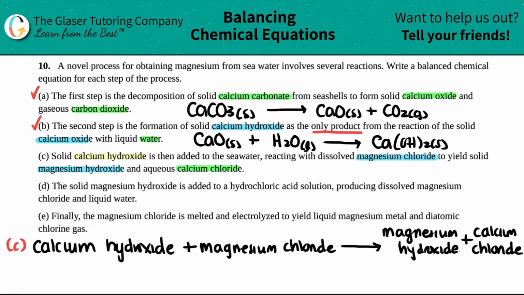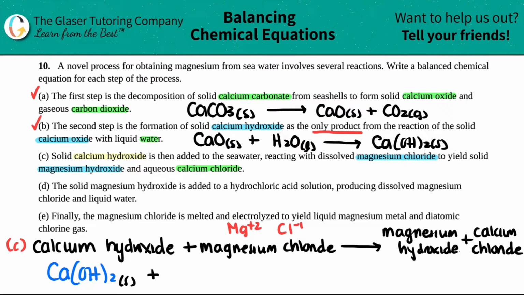We now just need to write it in a chemical formula. We already know what calcium hydroxide was, right? Calcium hydroxide was the Ca(OH)2. And they still said that it was a solid, so S, plus magnesium chloride. Let's see. Magnesium is in group 2, so that's a +2. Chloride is chlorine, that's a Cl.